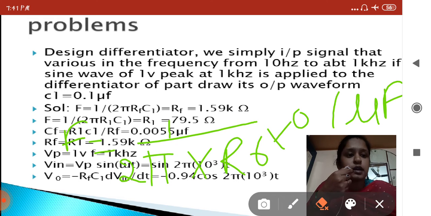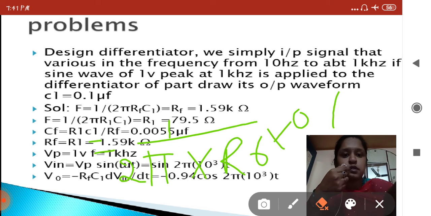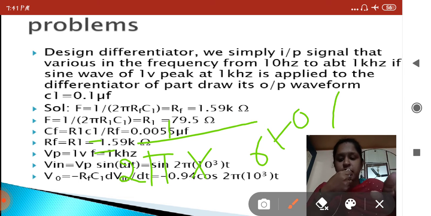The f value they have given is 1 kilohertz.